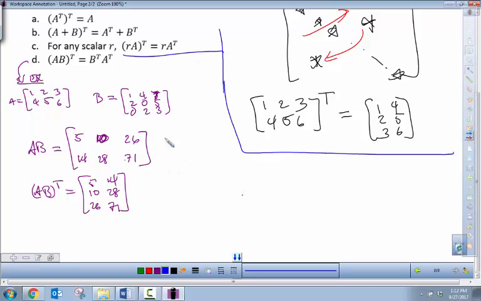So now let's figure out B transpose. That's 1, 4, 7, 2, 0, 5, 0, 2, 3. I'm reading it downward. This is transpose. A transpose is 1, 2, 3, 4, 5, 6.